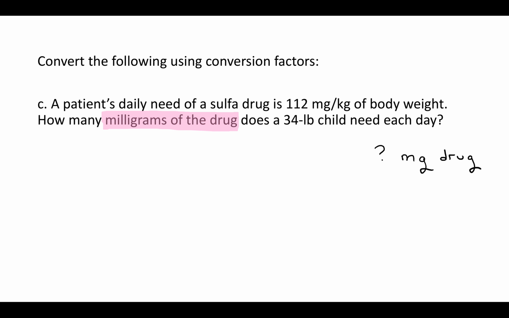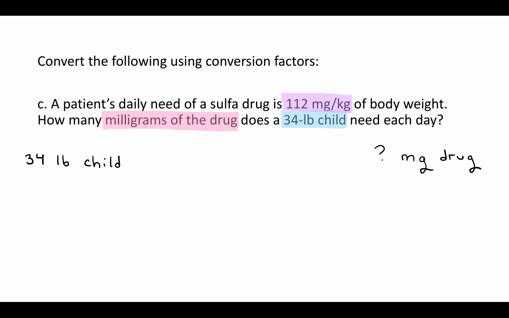Now, in terms of what they're giving us, 2 different numbers. The one number they're giving us that stands all by itself is the 34-pound child. So we're dealing with a 34-pound child, and how much of the drug are we going to give to this kid? The other number they give us looks like it's standing all by itself, but it's not.